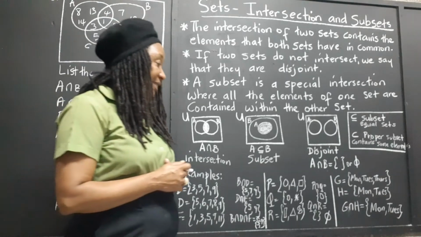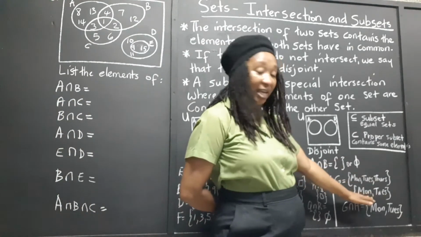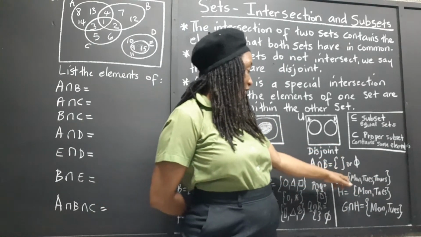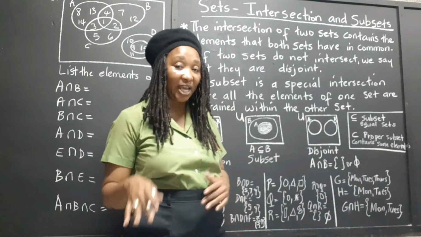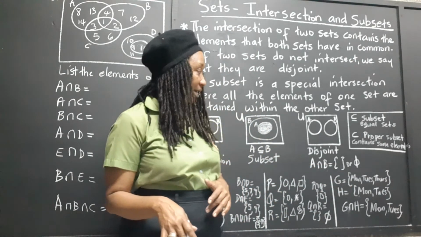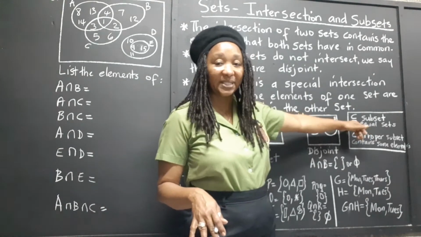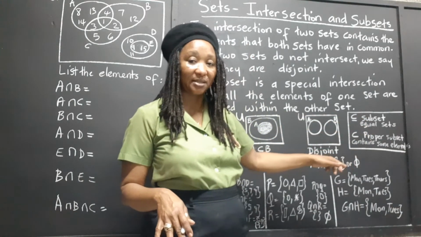We could also say, since everything in H is contained within G, G has an extra element that H doesn't have, right? So they are not equal subsets, they are proper subsets.